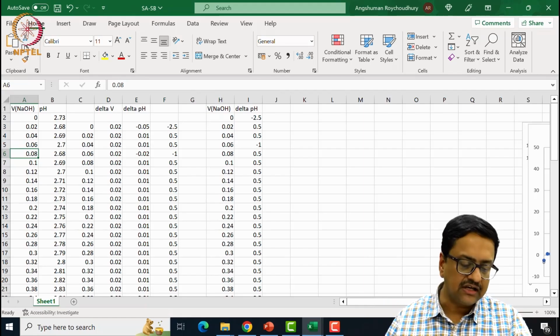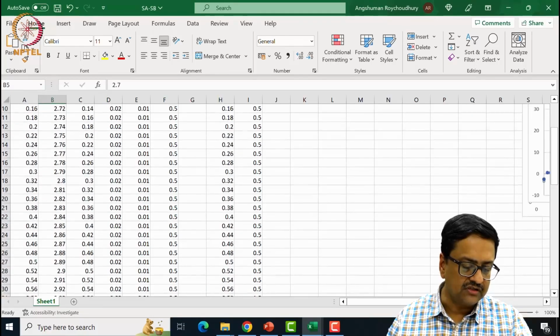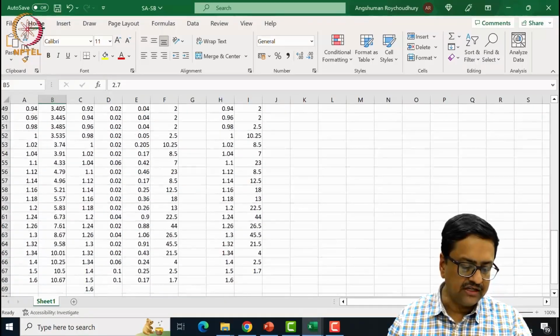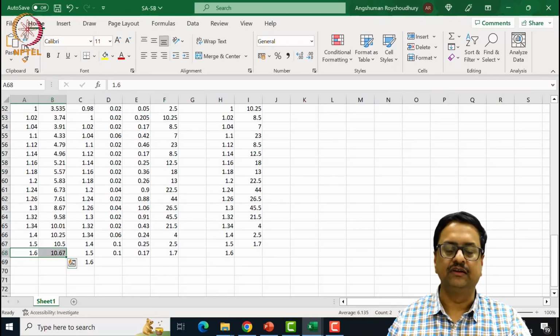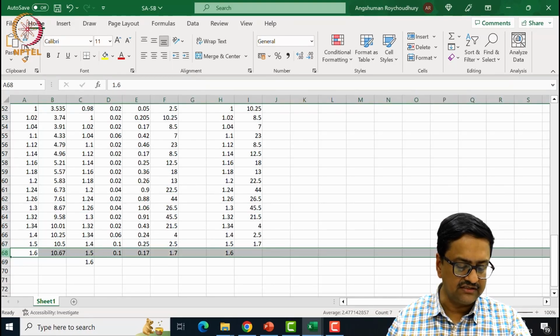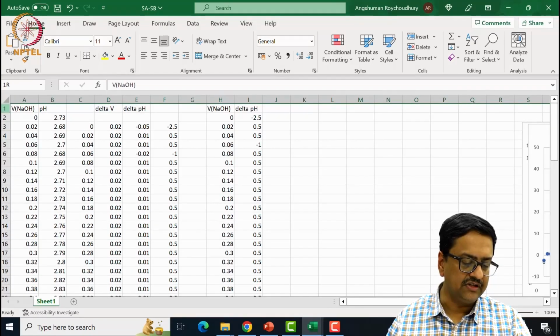That means every time we are adding 0.02 ml of NaOH and we noted down the corresponding value for the pH. And we did it till the pH reached 10.67. So, we have about 68 readings. If you look at this Excel sheet, I have the 68th row, that means we have 67 readings except the first one.